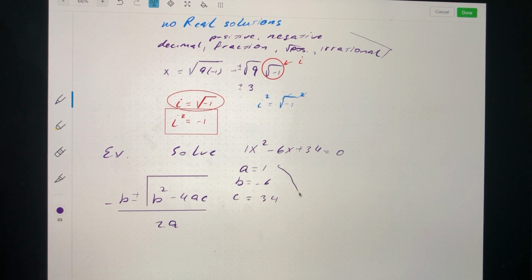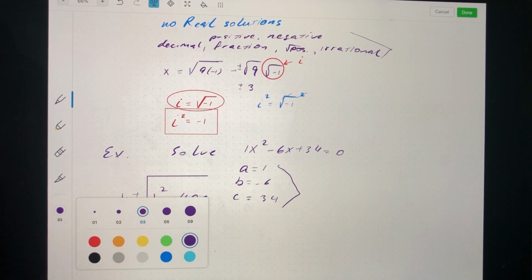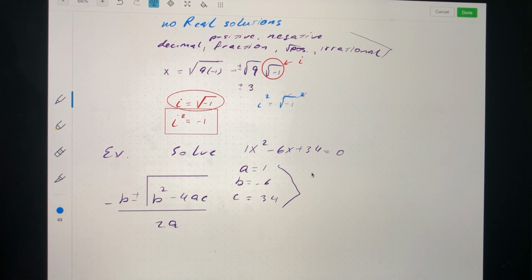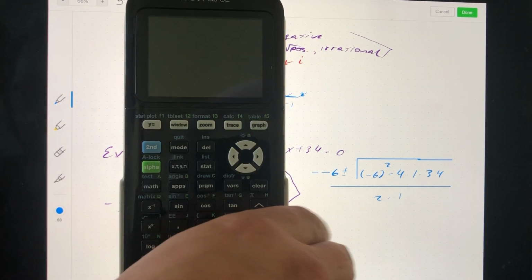Substituting all of these coefficients into the formula, we get negative, then comes the b, which is negative 6, plus minus the square root of negative 6 squared minus 4 times a times c, all of it divided by 2 times a. Now let's type in everything inside the square root into our calculator and see what comes out.